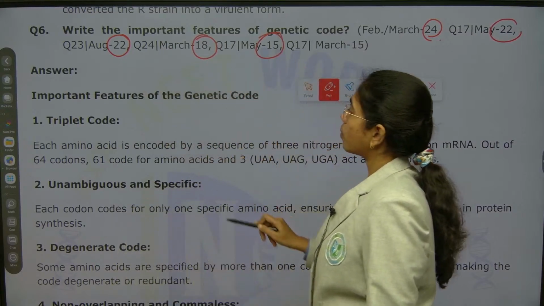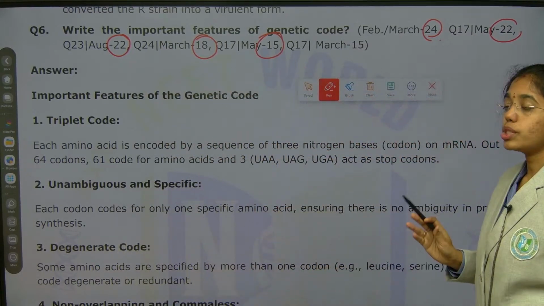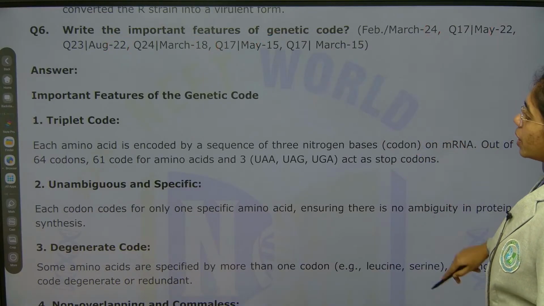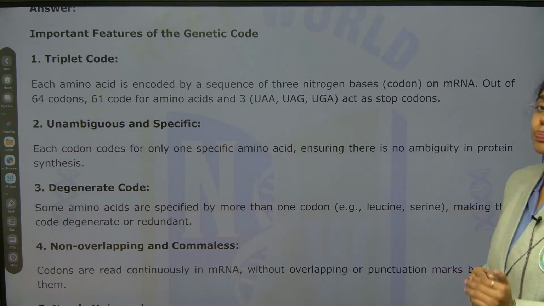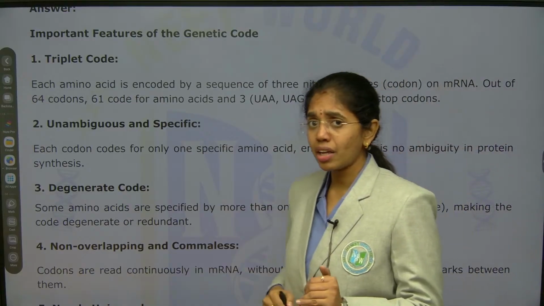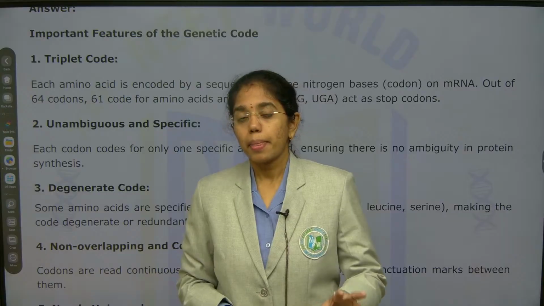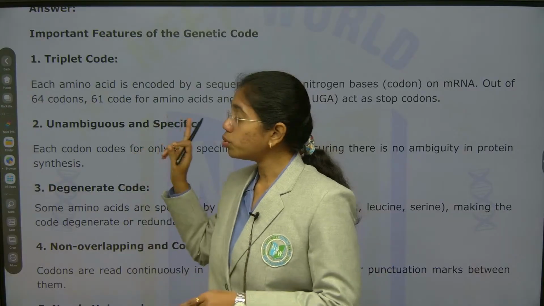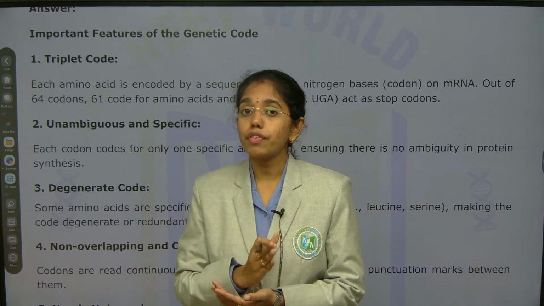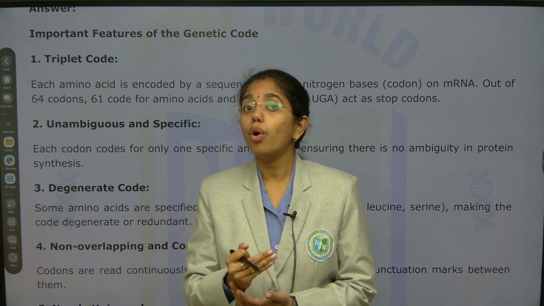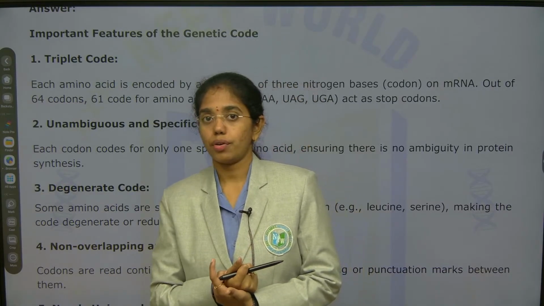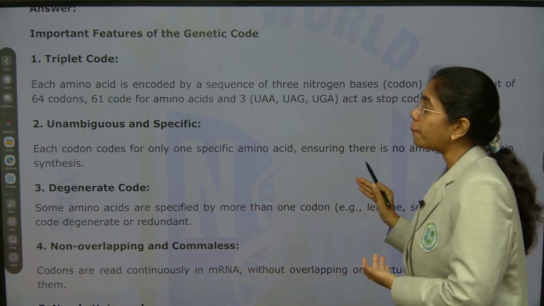So the question about the genetic code has appeared many times. If you are in a hurry in your preparation and quickly choosing the questions, then you have to choose the specific features of the genetic code more than deciphering the genetic code. This question is very important.